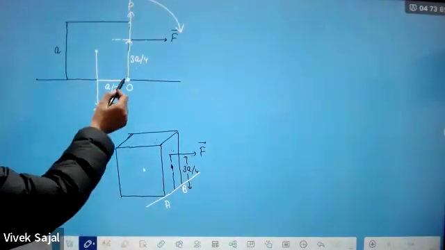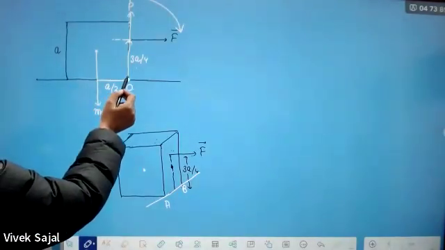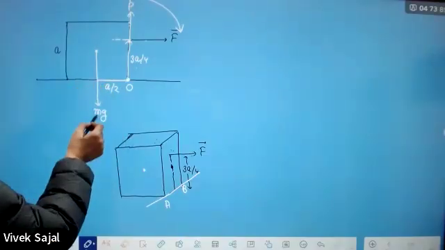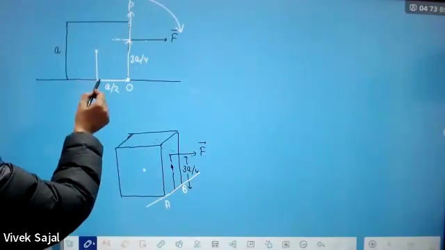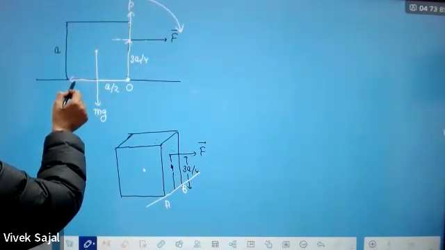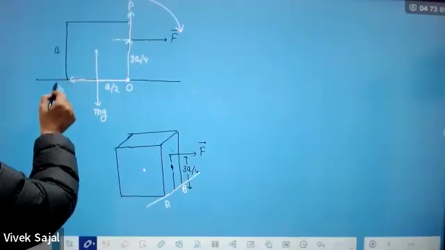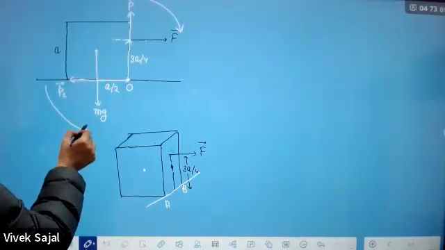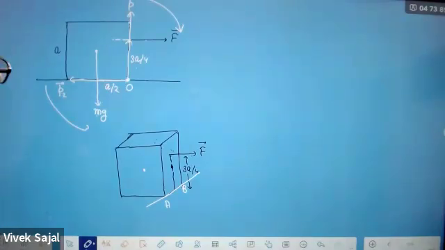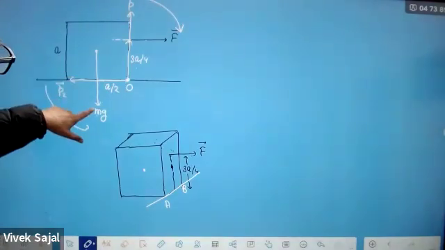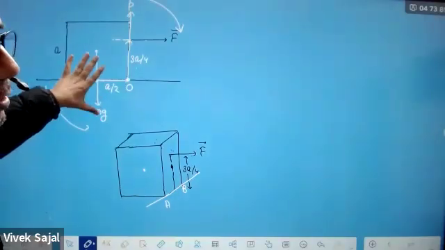And if you draw a perpendicular from point O on the other force, that is the weight here, then it will be like this. This will be P2. So it is going to rotate like this. So basically, whatever torque is created by this mg, that is opposing the rotation.